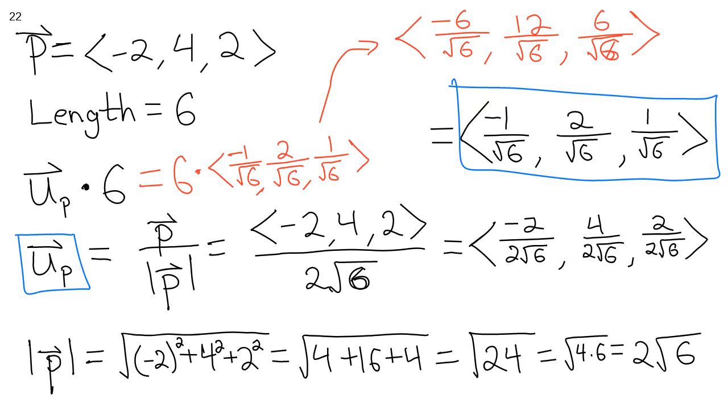This vector and the vector p, they go in the same direction, but the red vector has length 6. That's the only difference. The vector p has length 2 root 6.